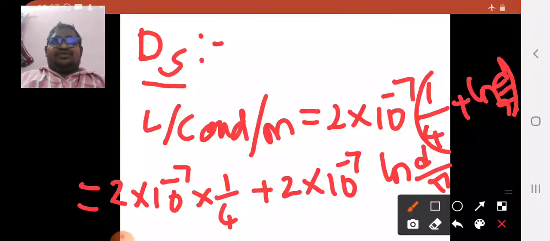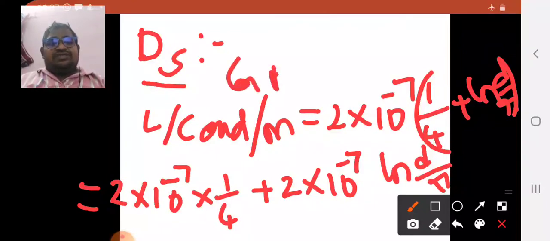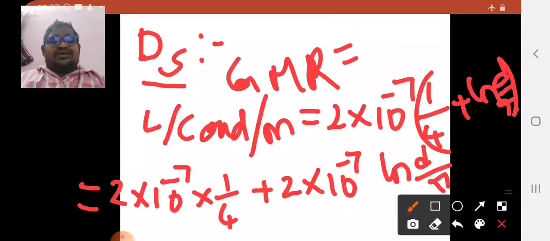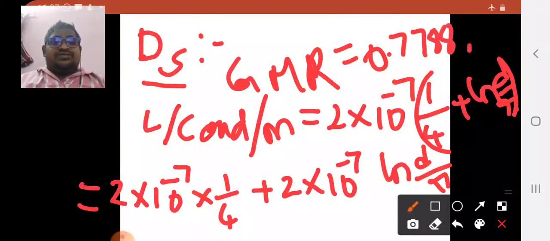It can be proved mathematically that for a solid round conductor of radius r, the self GMD or DS or GMR is equal to 0.7788 into r, where small r is the radius.